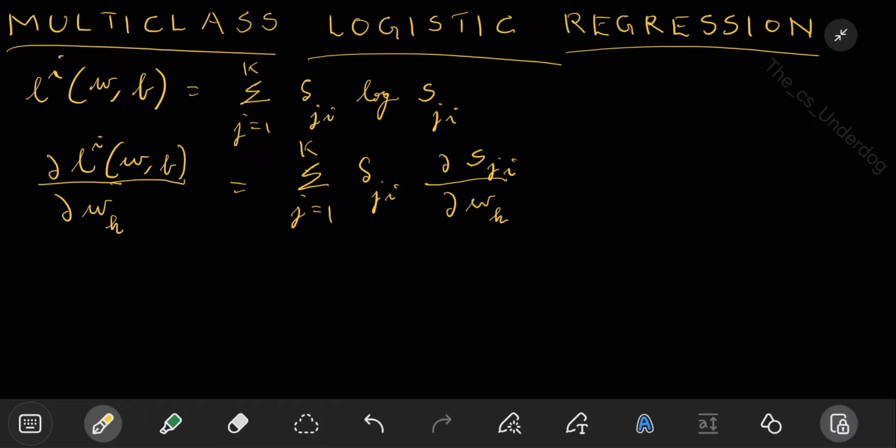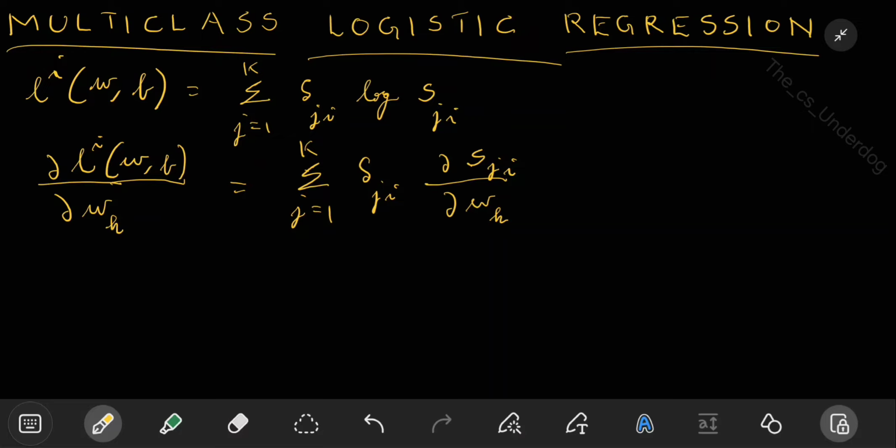This is how I have to maximize. I have to take the derivative and find the optimal value of W possible. In order to take this derivative, let us solve this part by part. First I'll solve this particular part and then we'll combine everything together. In the sigmoid lecture, we already learned how to take the derivative of a sigmoid function.